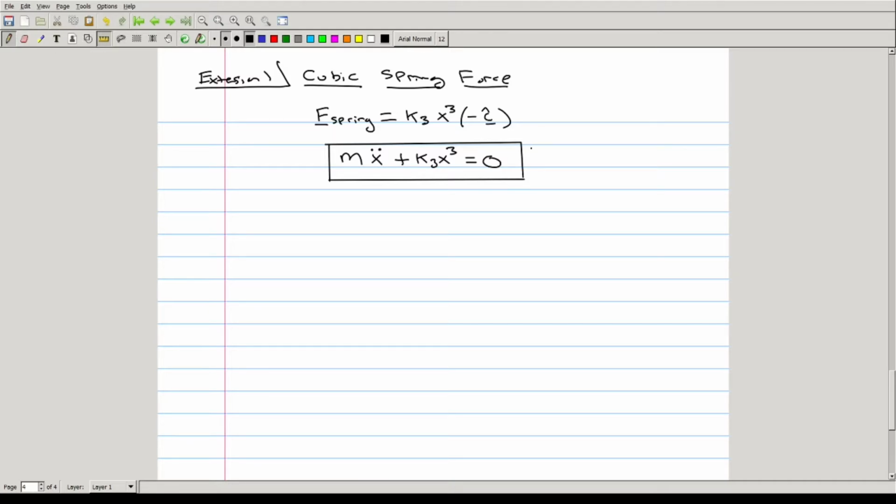And this is a nonlinear second order ODE.